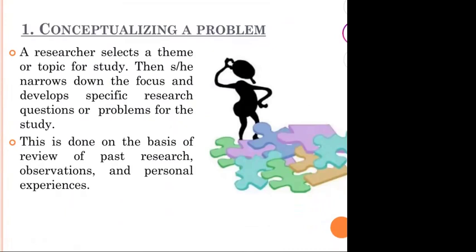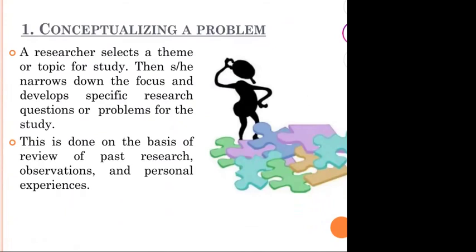Now, we are coming to them one by one. First one is conceptualizing a problem. When I say conceptualizing a problem, the researcher selects a theme. Here she narrows down the focus, develops scientific research questions or problems for the study.